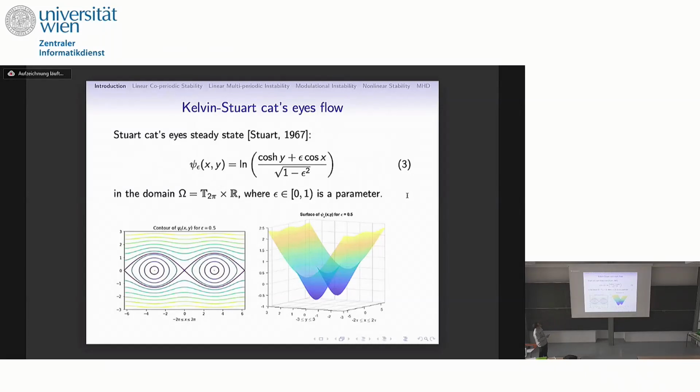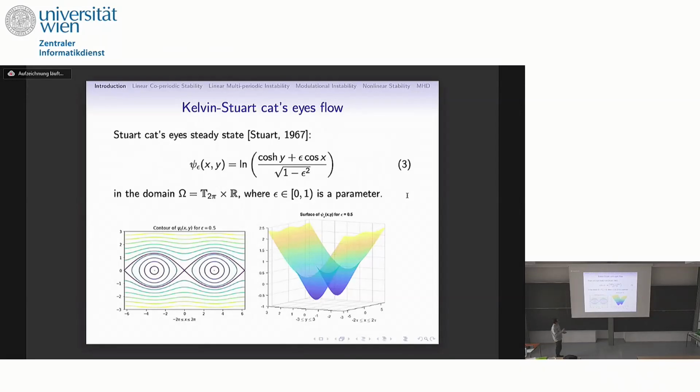Now let's draw the streamlines associated with this steady state. For the flows with this stream function, you can draw the level curves of this function psi epsilon. It looks like this form.